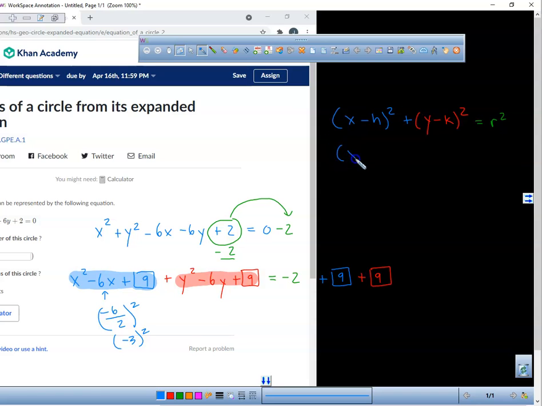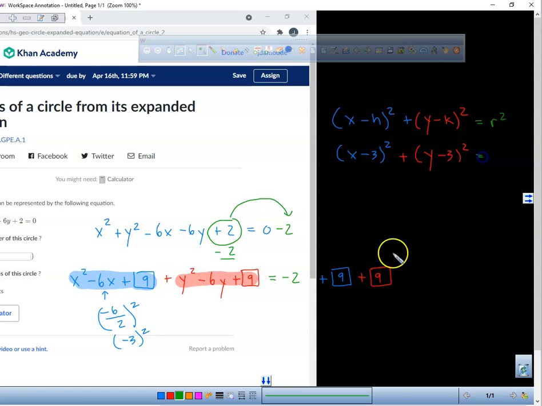That factors to (x minus 3) squared. And what does the red factor to? (y minus 3) squared. And if we add all of our numbers together, negative 2 plus 9 plus 9 is 16. And now we have our equation.